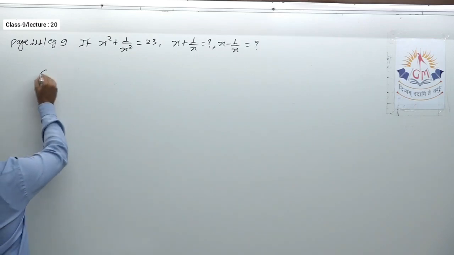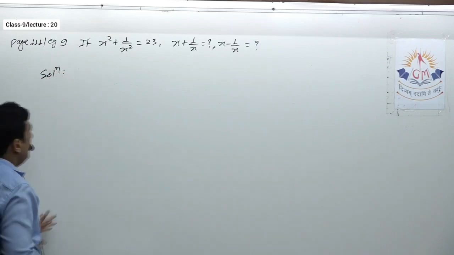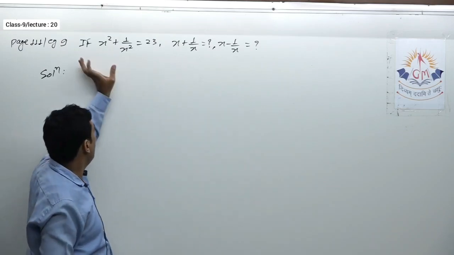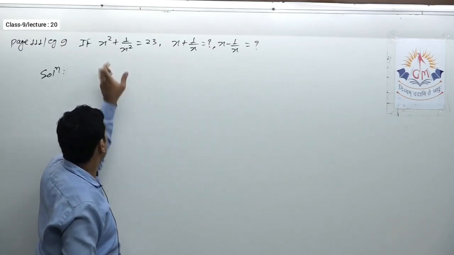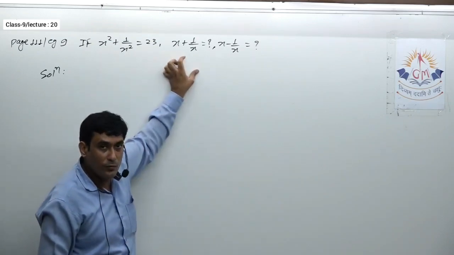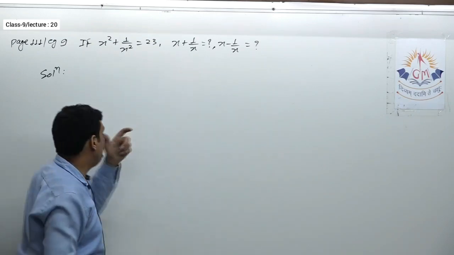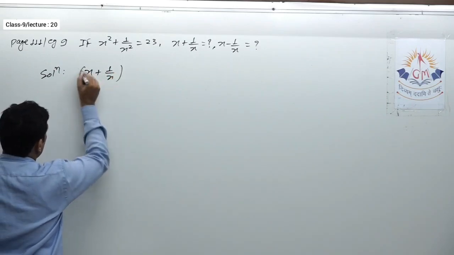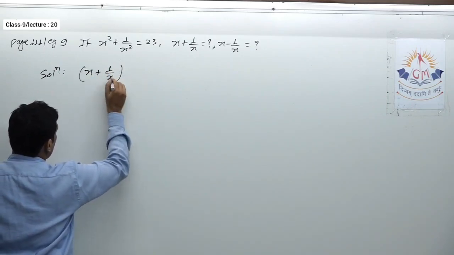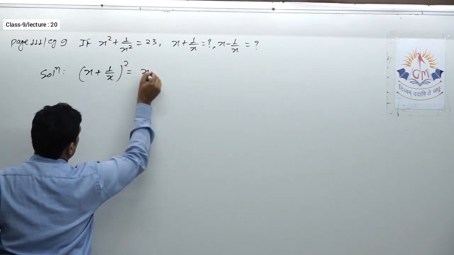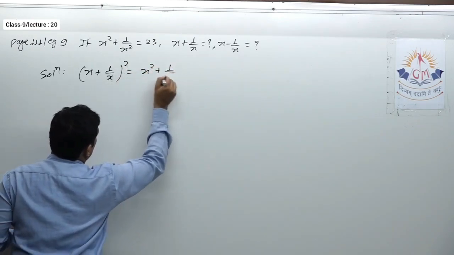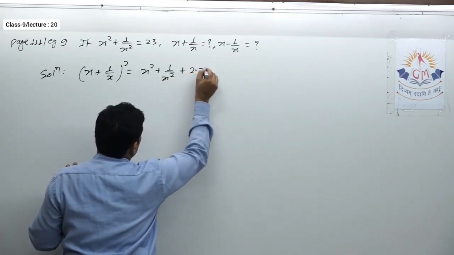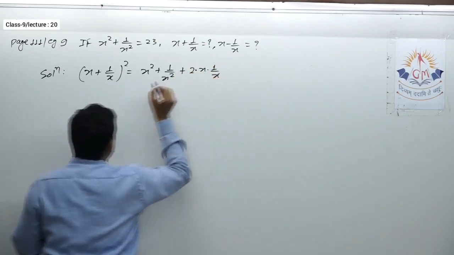So let us see how to start. Here the greater value is given and we have to find the smaller. So we'll start with the smaller one. x plus 1 upon x, directly we'll make it a square, is equal to a square plus b square plus 2 into a into b.